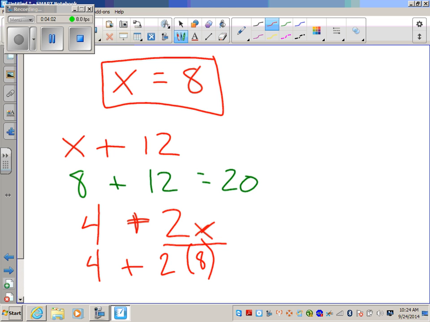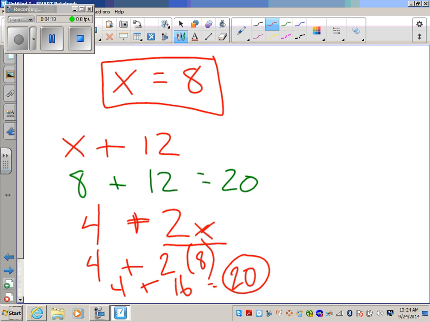What is 2 times 8? And then I will add 4 to that. And again, I get 20. Okay? You still have to follow order of operations. Okay?